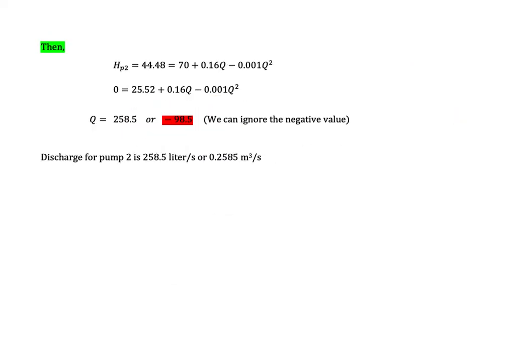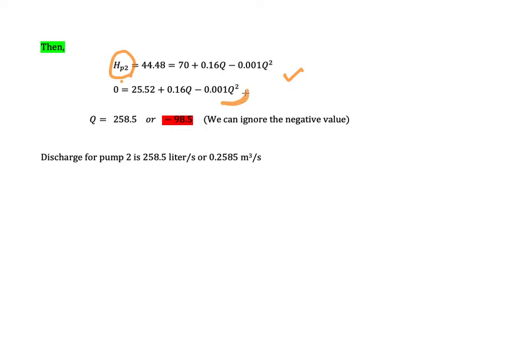And then we could calculate this one by using this equation from the question. So we substitute the value of head of pump for point number 2, and then we could calculate the value of Q.